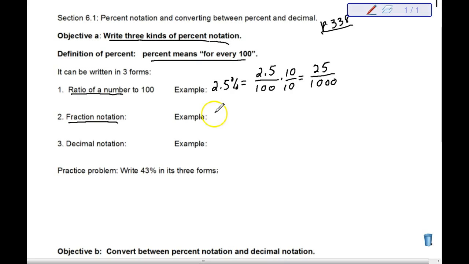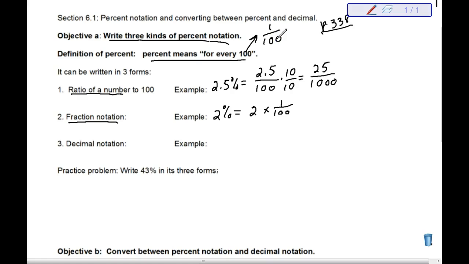The fraction notation works like this. Let's say I have 2%. 2% of my people eat cornflakes for breakfast. I can write 2 times 1 over 100 because percent means for every 100. For every 100 is 1 over 100.